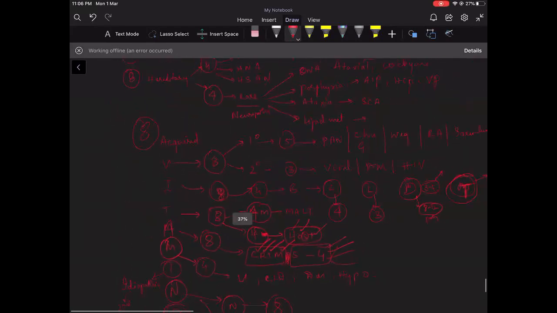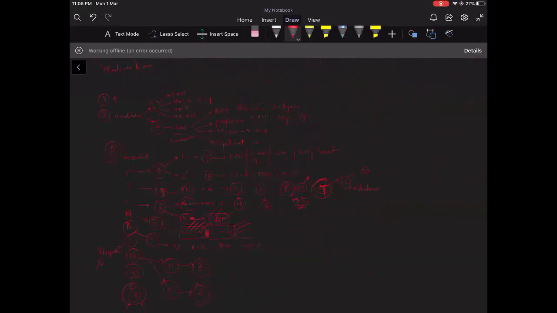So I have completed the whole of neuropathy from Harrison, the important ones. That's why I included this number 8, so that as a whole we can group these pictures into one.